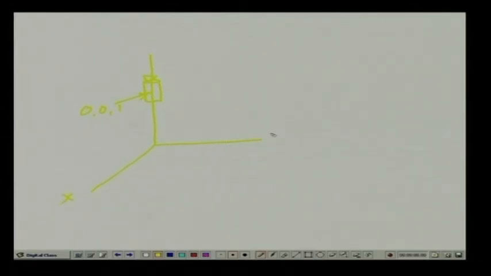This is my x axis, this is my y axis, this is the z axis. Now, if I do this transformation, then you find that all the 3D points will be transformed by the vector 0, 0, minus 1 with respect to the camera coordinate system.